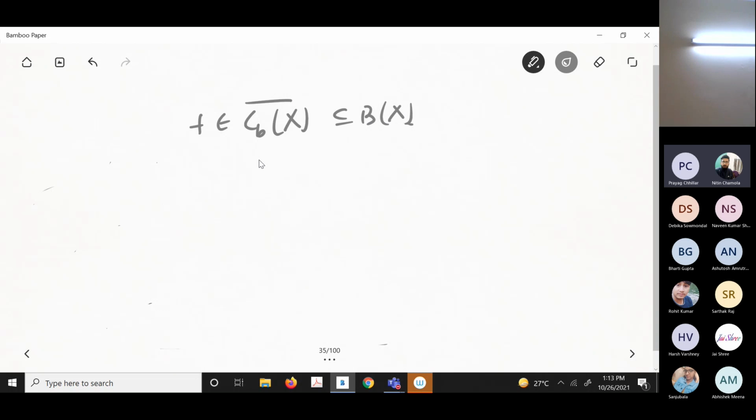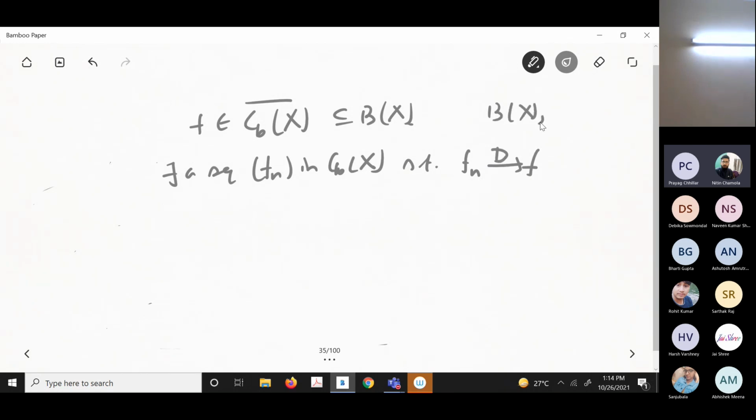It is all a metric space I am considering. So by the result on closure points, there exists a sequence f_n in CB(X) such that f_n goes to f in this metric, because that is the metric space B(X), D. My whole metric space is this. Okay, got it?